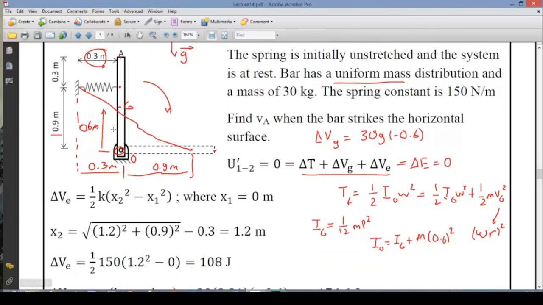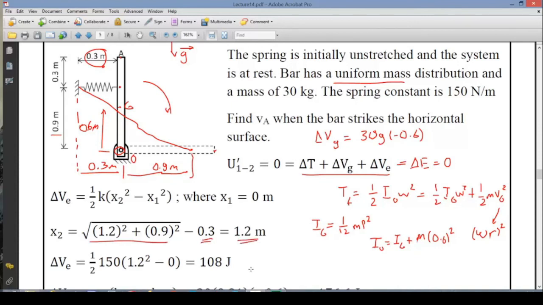So x2 is already used. So I need to calculate this total length minus 0.3 will be the extended amount for the spring. So this is the calculation here, 1.2 squared plus 0.9 squared. We'll get this length here, minus the initial length, which is 0.3.